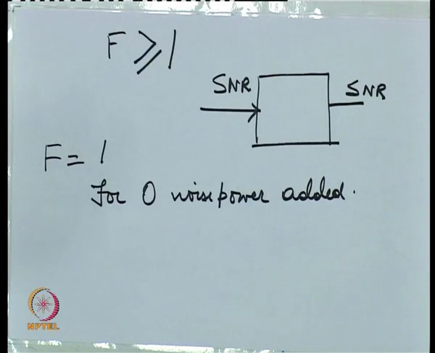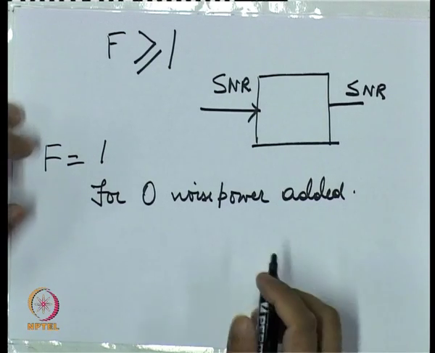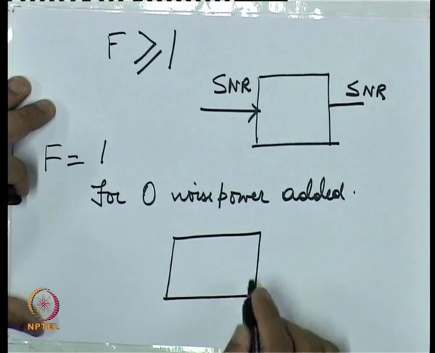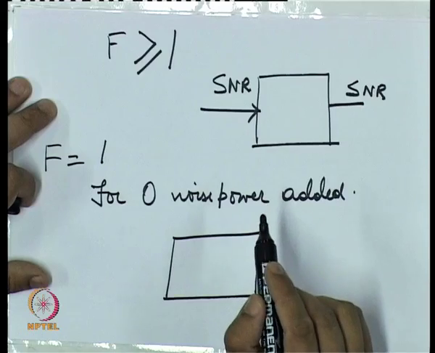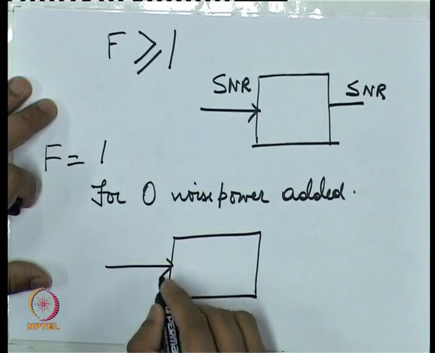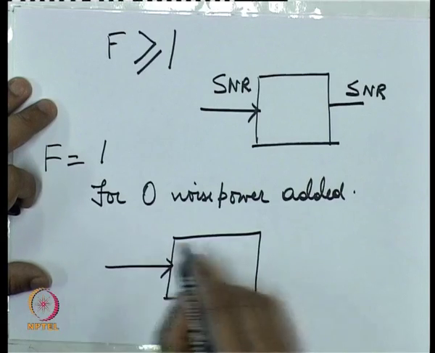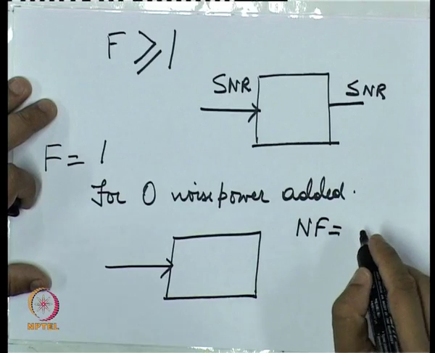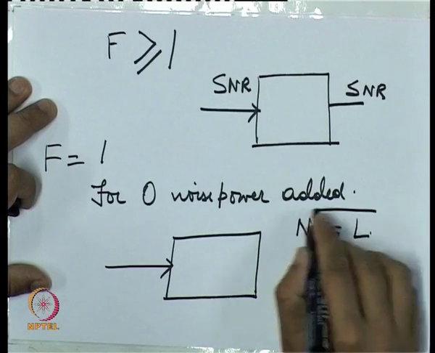So one of the properties of this noise figure is for a passive device. Now we saw the definition of noise figure for an active device. For a passive device, we can show that this noise figure is simply equal to the attenuation.